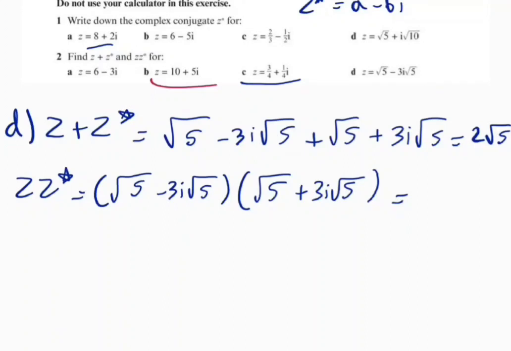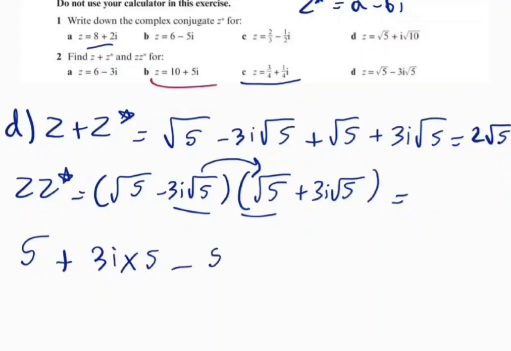Root 5 times root 5 is 5. Then we get 3i times 5, because in root 5 times 3i root 5, the two root 5s cancel each other out, and you will get just 5, and then 5 times 3i. The same thing happens for this term times this term, but with a negative sign.